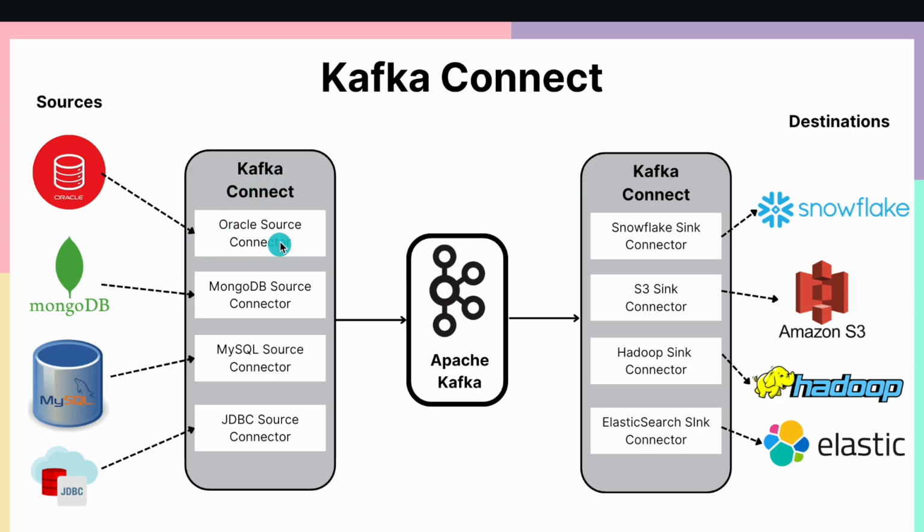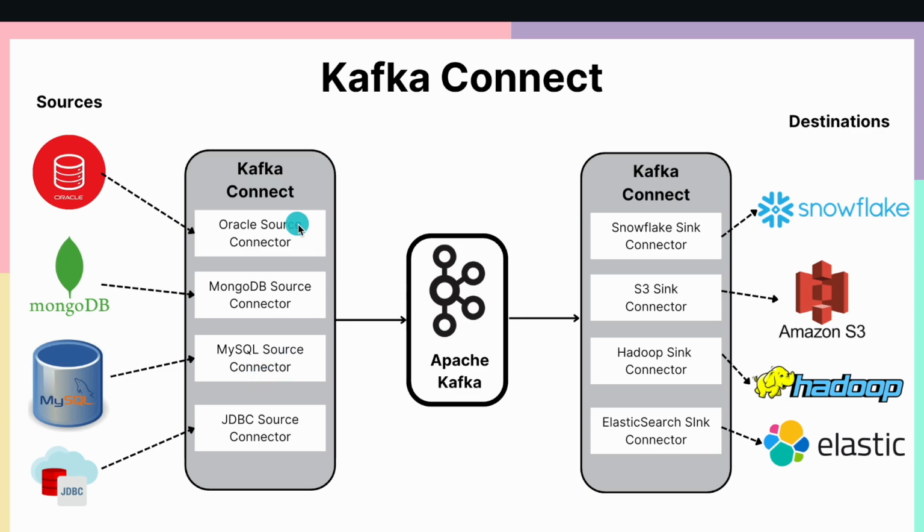Inside Kafka Connect, you can create connectors. You can think of connectors as predefined plugins which have all the logic built in to connect your source systems to Apache Kafka. So you have plugins for the Oracle source connector, the MongoDB source connector, etc.